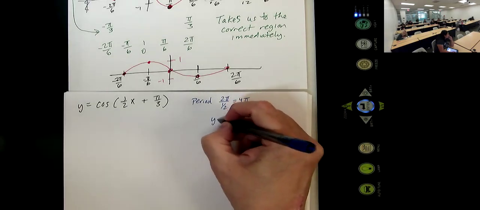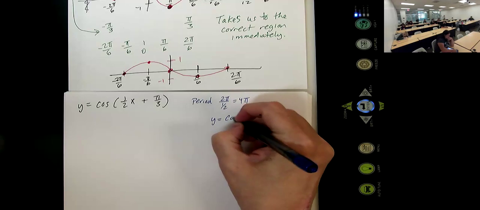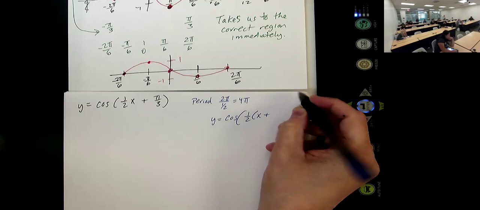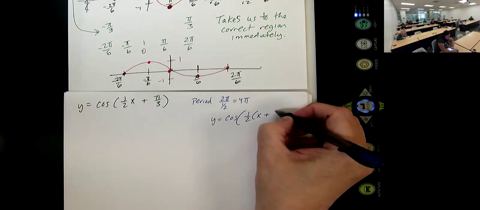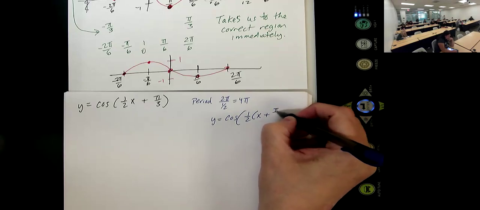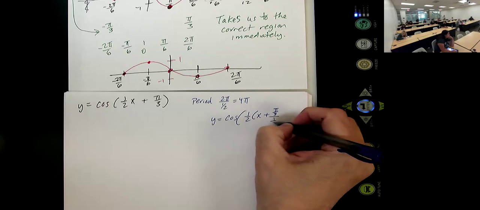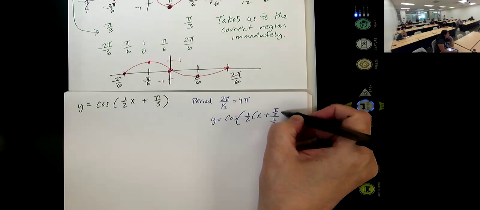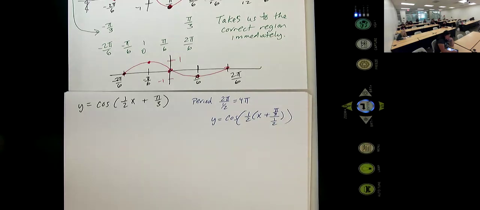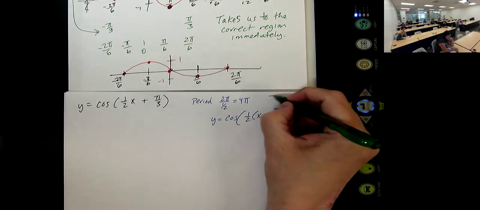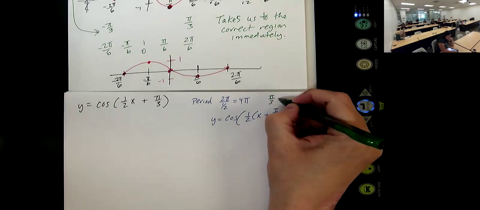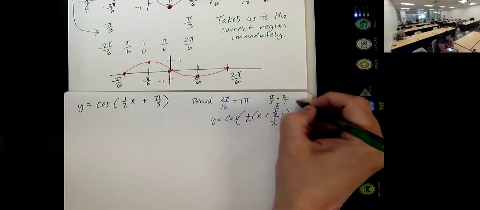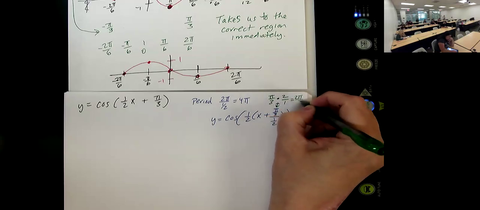So y equals cosine of 1/2 x plus, and this is a little tricky. By pulling out the 1/2, I'm only dividing that by 1/2. Pi/3 divided by 1/2 is the same as multiplying by the reciprocal, and I get 2 pi/3.